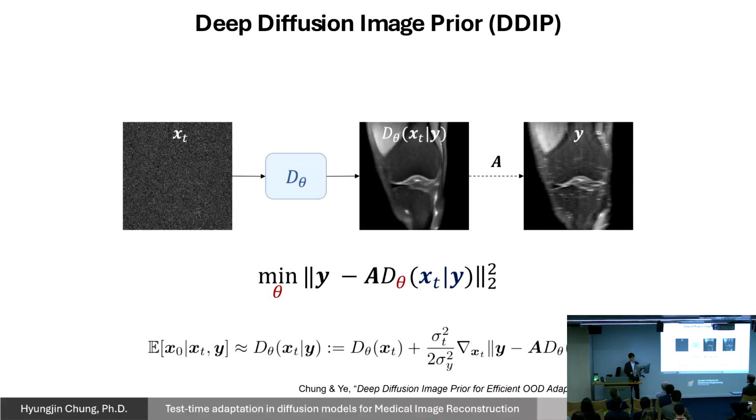Now this process doesn't iterate on a single x_t. It runs the adaptation on the fly during the reverse diffusion sampling, such that it starts from Gaussian noise. But as we progress through the reverse diffusion sampling process, this estimate D_theta of x_t given y gradually becomes more exact towards your reconstruction.